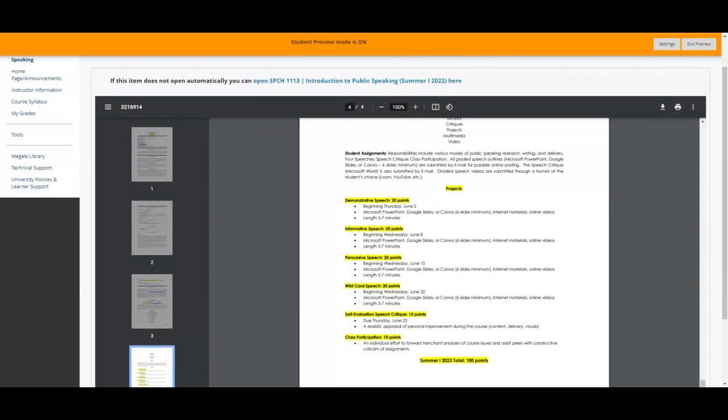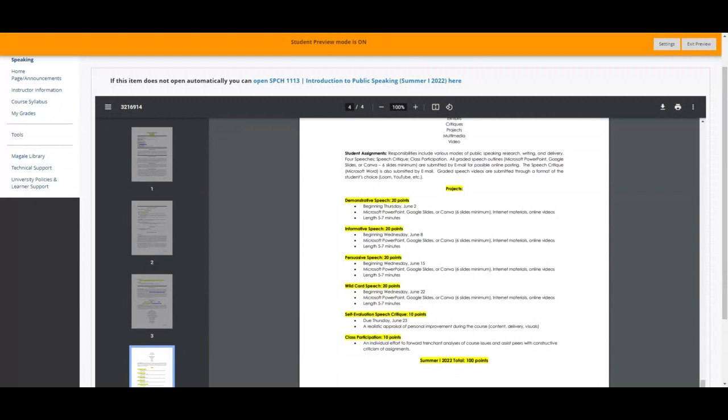Then we get to the self-evaluation speech critique, which is due on the last day of class to my Yahoo email address, a realistic appraisal of personal improvement during the course with content, delivery, and visuals. Class participation is 10 points, an individual effort to forward trenchant analyses of course issues and assist peers with constructive criticism of assignments.